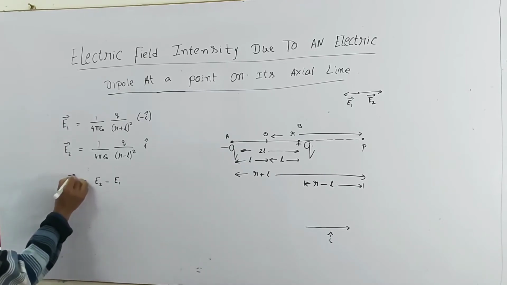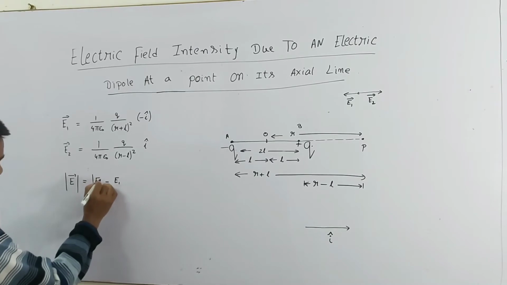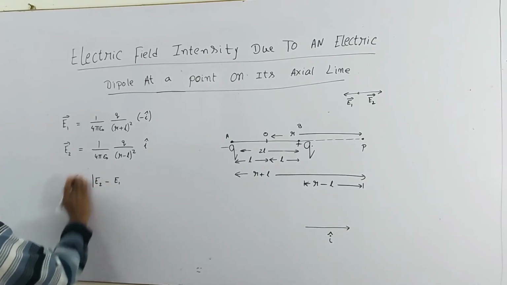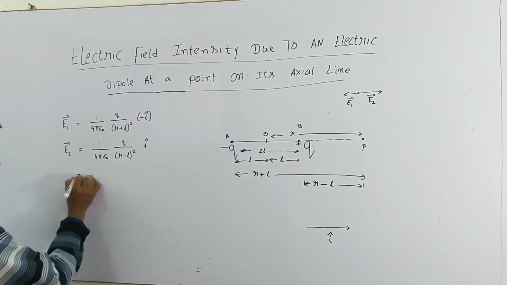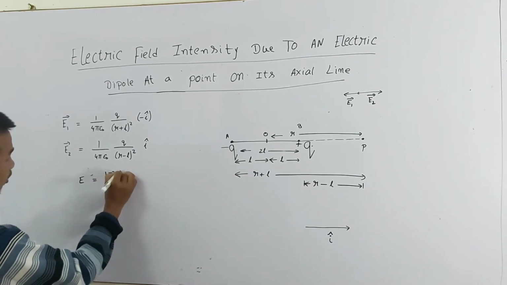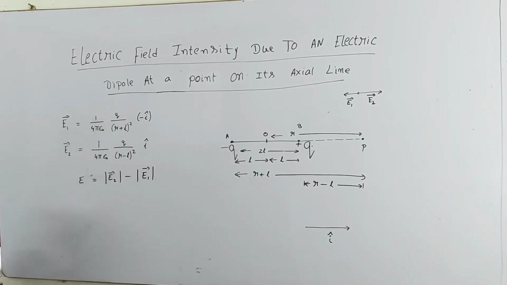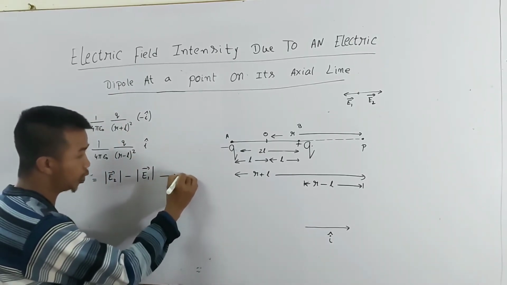Or we can write the magnitude of E as E equals the magnitude of E2 minus the magnitude of E1. We can mark this as equation 1.